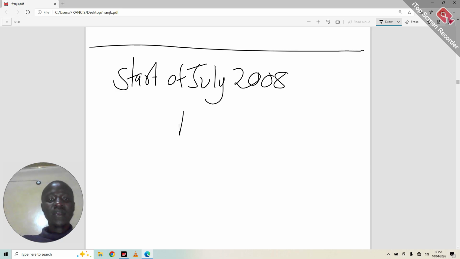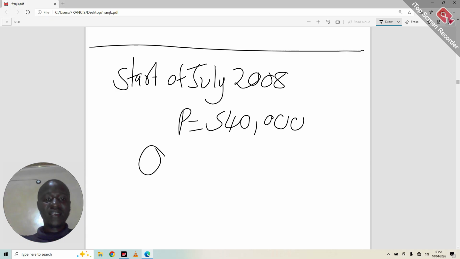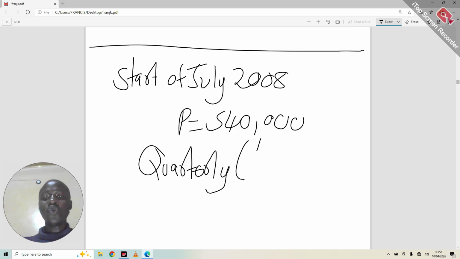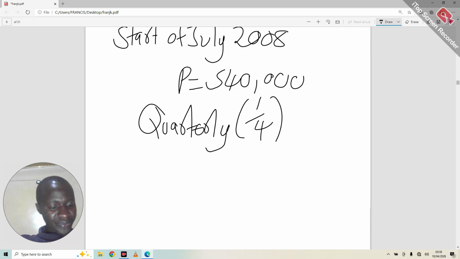Now that deposit is the principal, 540,000, in a fixed deposit account. The bank paid him compound interest on a quarterly basis. Quarterly basis, guys. So, quarterly, that is a quarter. Those are the key terms we are having there.